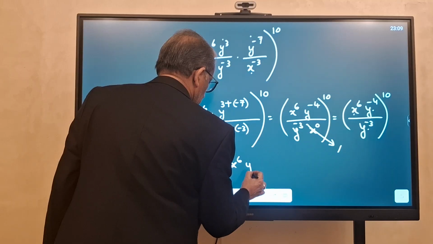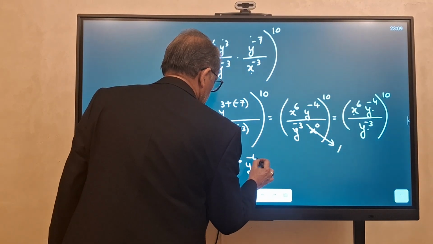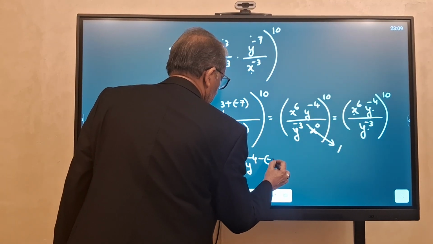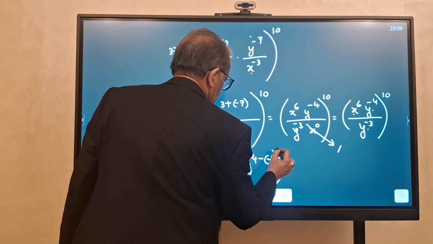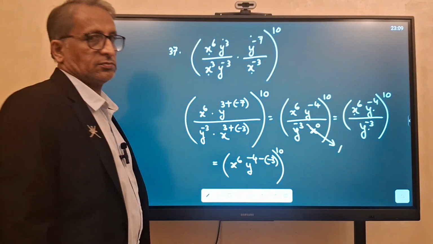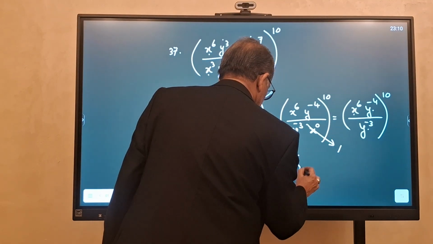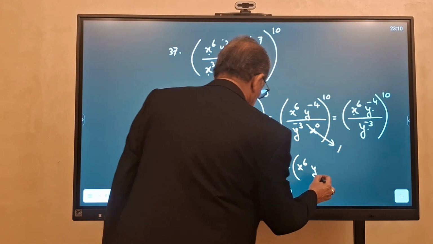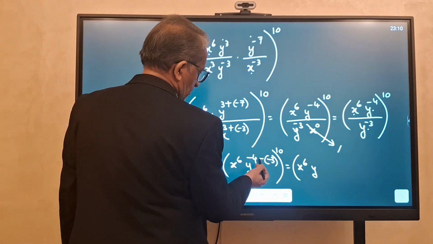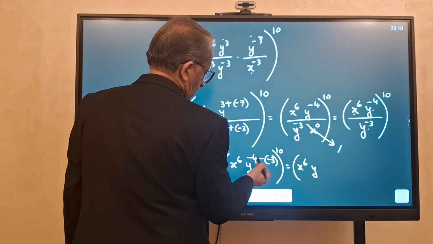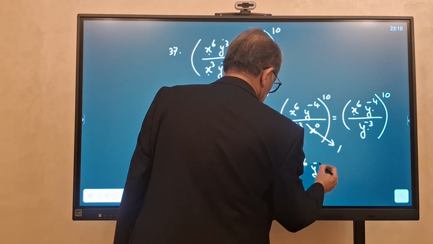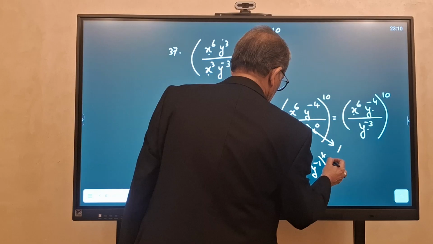So y power will be minus 4 minus of minus 3, and don't forget to put power 10. So the power of x, no change, whereas the power of y, minus 4, minus into minus, plus, minus 4 plus 3, it is minus 1, to the power 10.